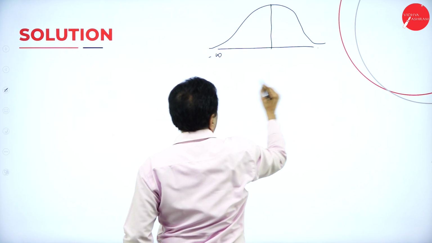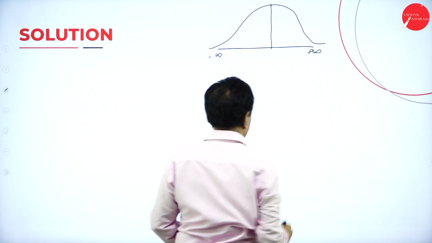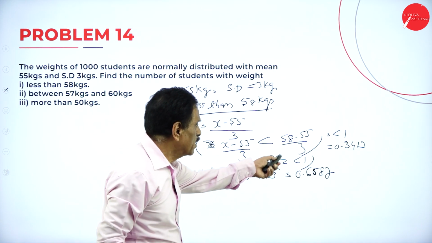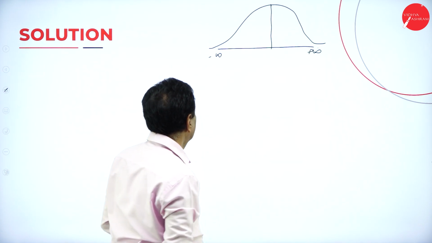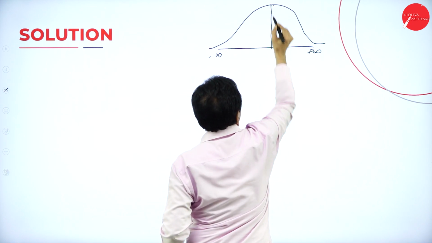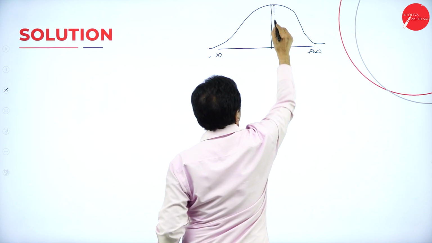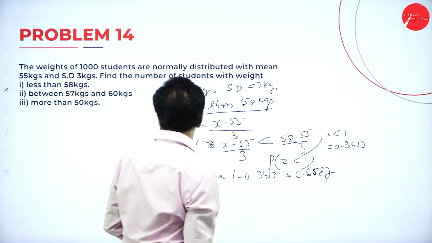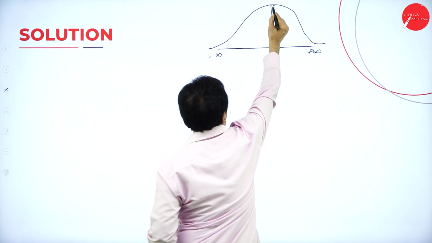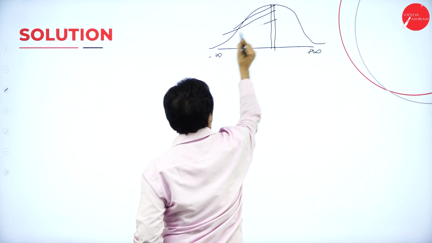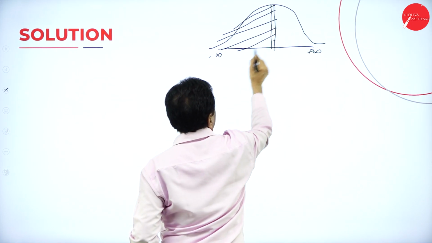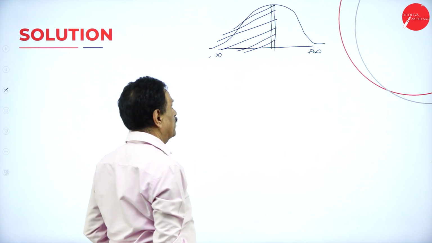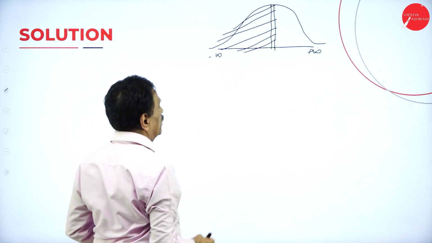Minus infinity, positive infinity. So, what's the value you got? It's positive 1. Is it less than or more than? Less than. Right. So, what's the area left over that you have given? This is called the normal distribution curve.